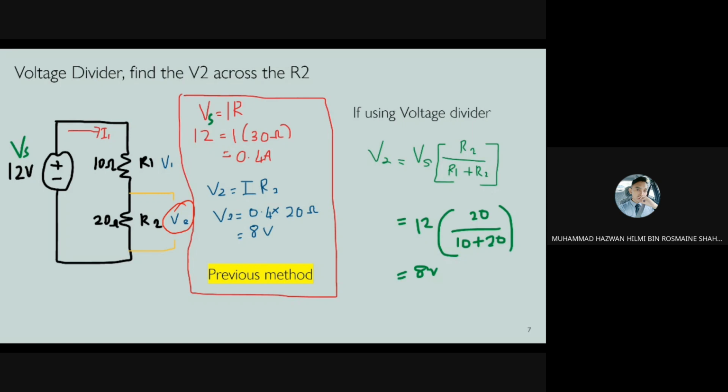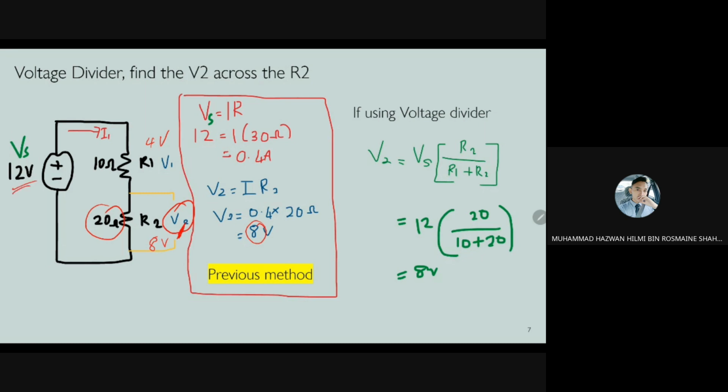If you want to calculate the voltage across V2 over here, it equals I times R2, 0.4 ampere times 20 ohms. So you get 8 volt. If you want to get V1, 0.4 times R1, so you get 4 volt. So 8 volt plus 4 volt, you get 12 volt.